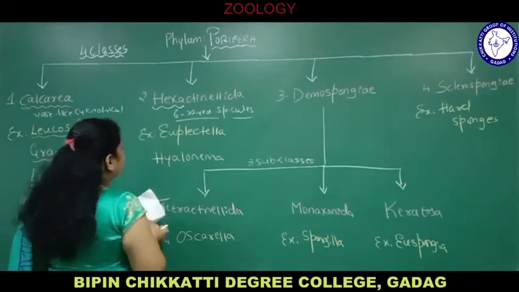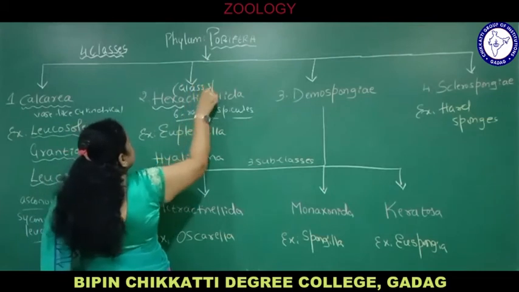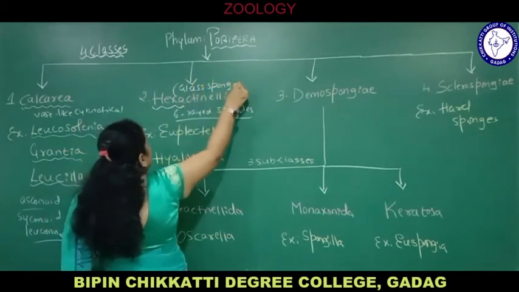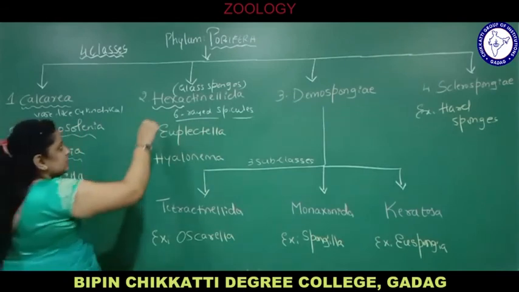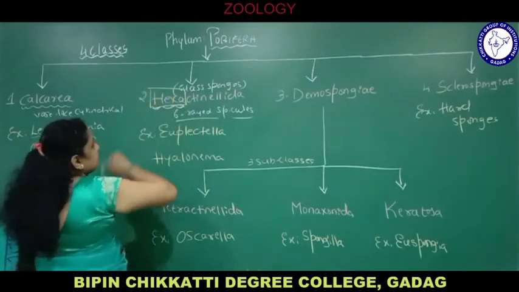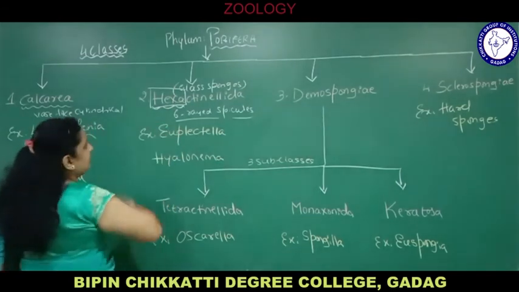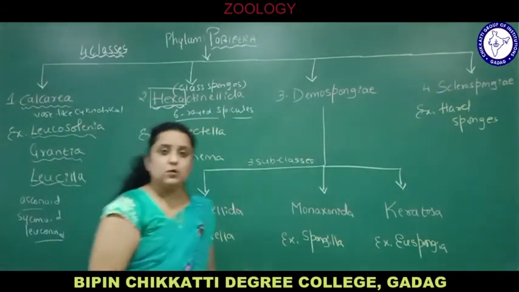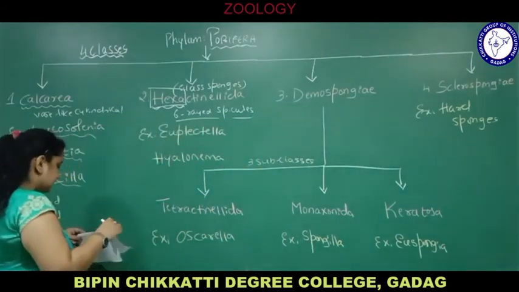They are commonly called glass sponges. Made of how many spicules? 6 rayed spicules. So it is called Hexactinellida. Here spongocoel, the body cavity we have seen, is well developed, and they are found in deep tropical seas.